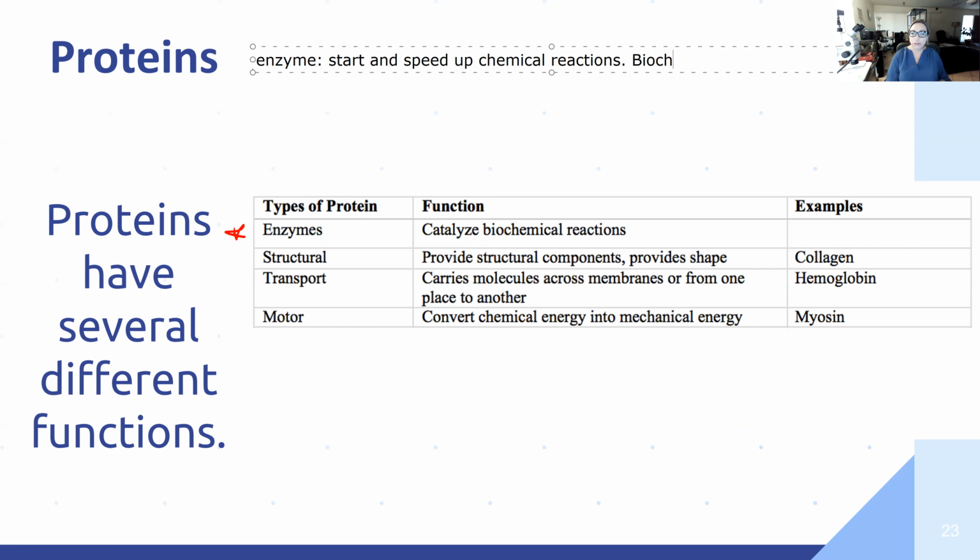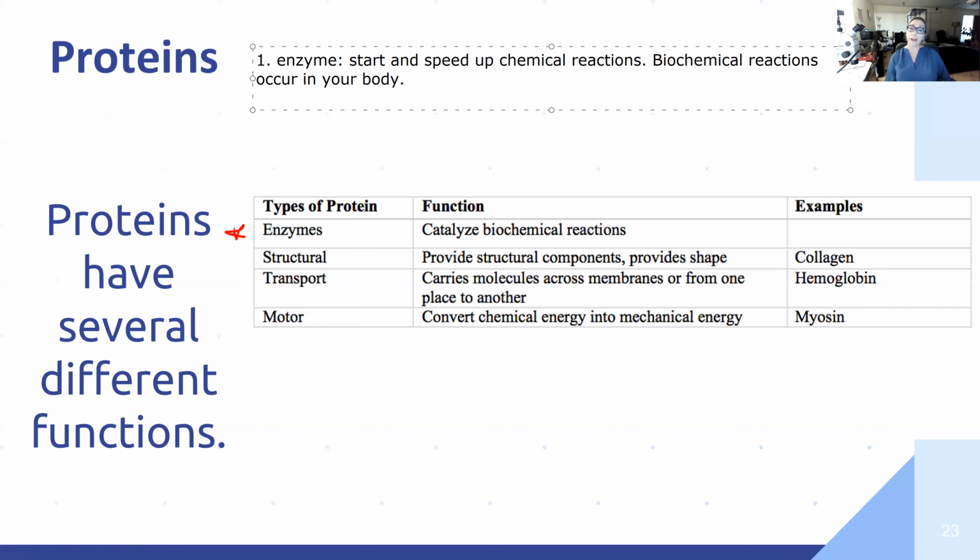And then just to remind you, biochemical reactions occur in your body. Enzymes are really, really important for life. Without enzymes, the chemical reactions in our body would occur so slow that we wouldn't be able to function.